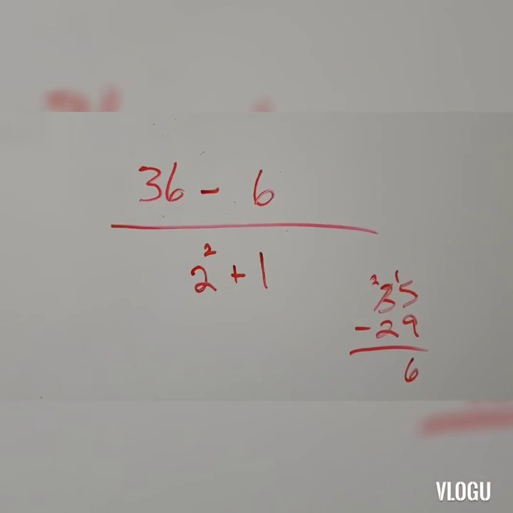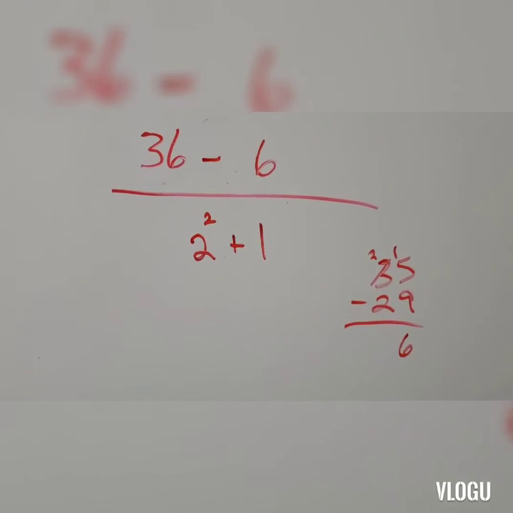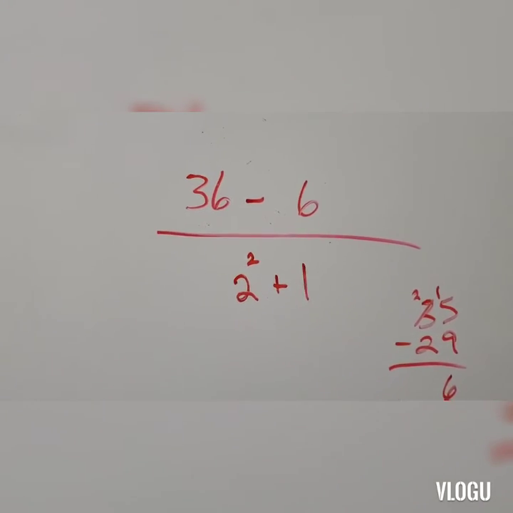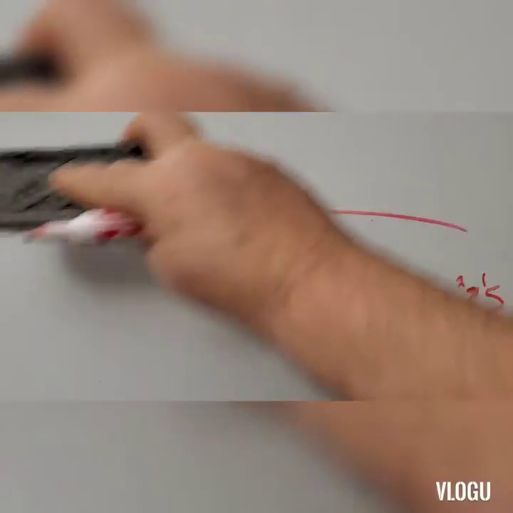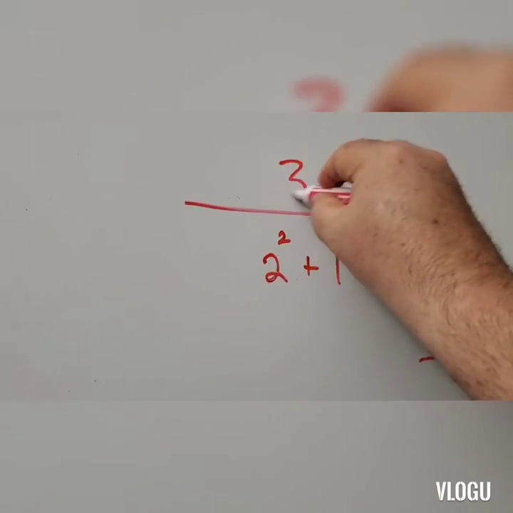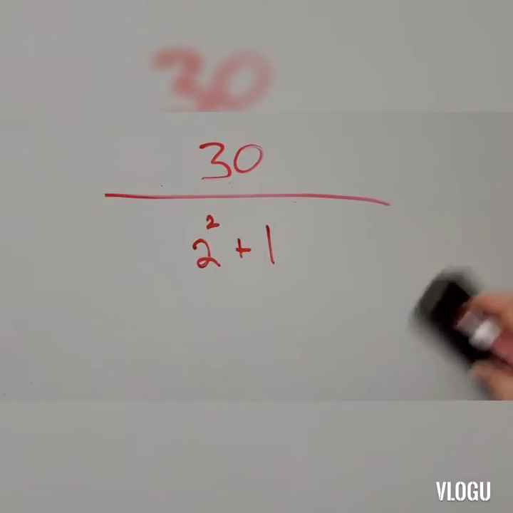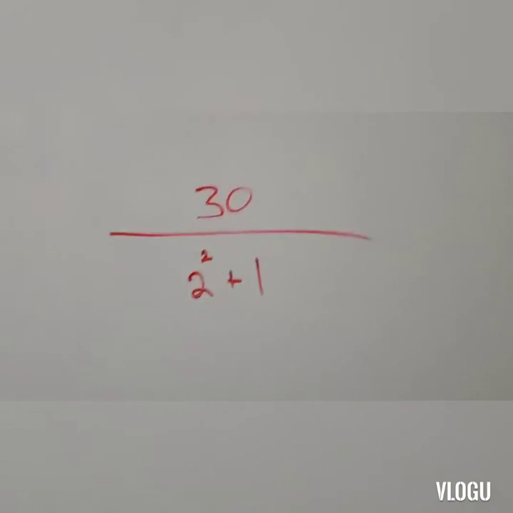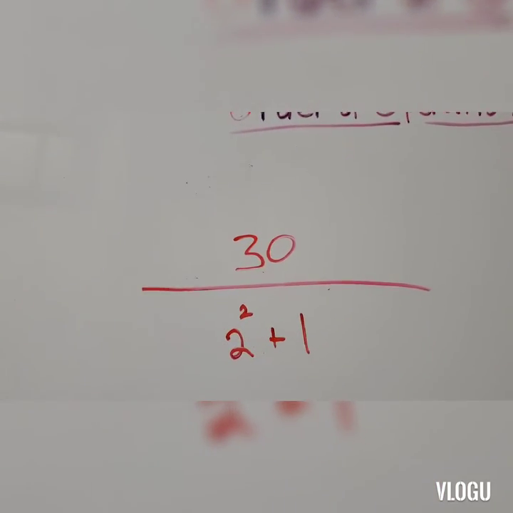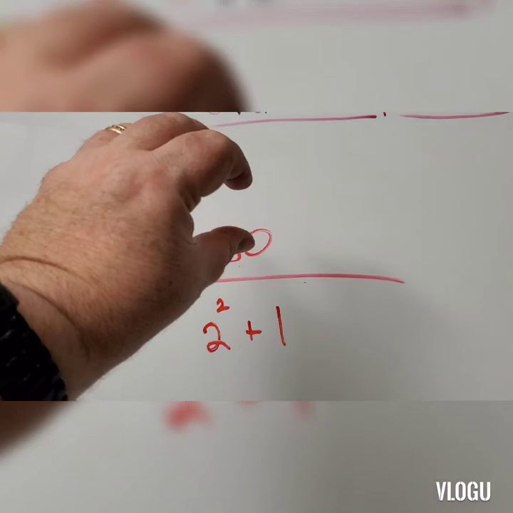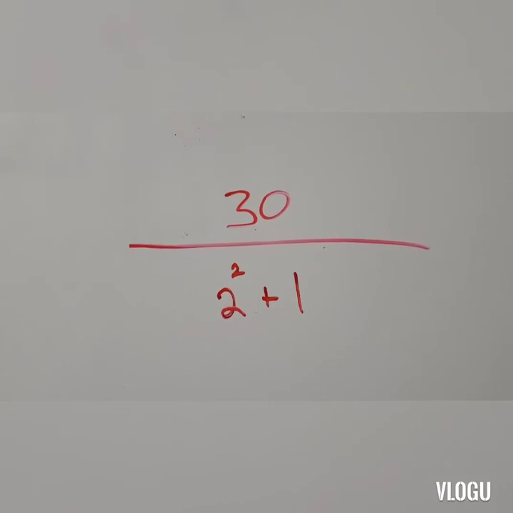I don't have any addition, but I do have subtraction. 36 minus 6 is 30. I have resolved my numerator and found that the top part is 30. My fraction sign grouped the numerator, and now I will focus on the denominator.